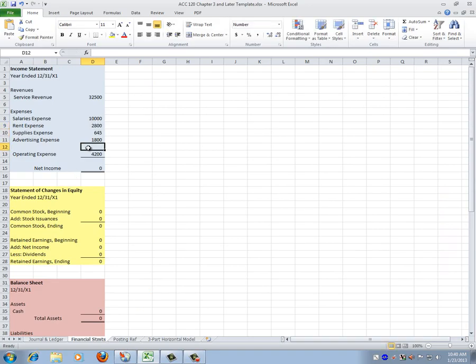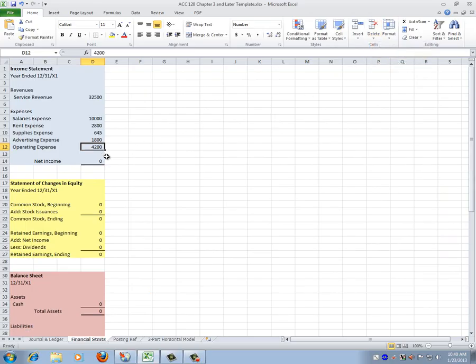So I added one too many rows there. Okay, so in this case what I would probably do is subtotal those expenses, since there's more than one type we incurred during the period. I'm just going to stick in a quick formula here.